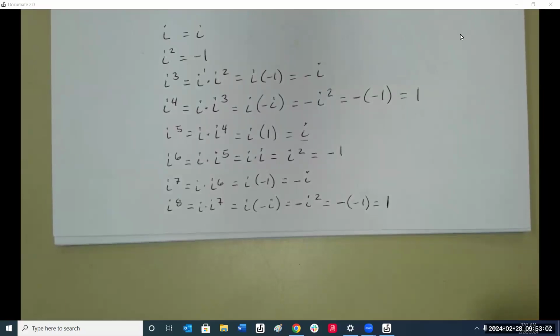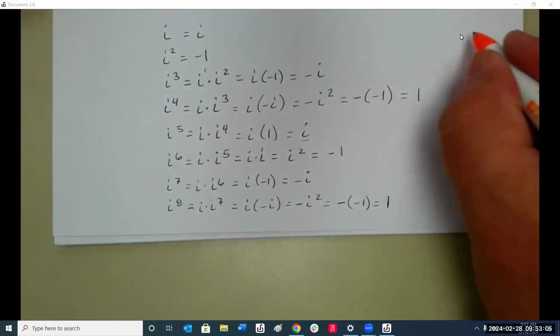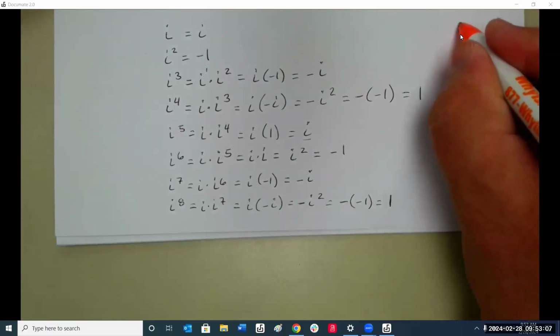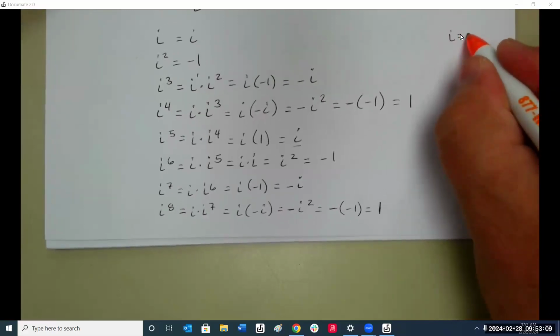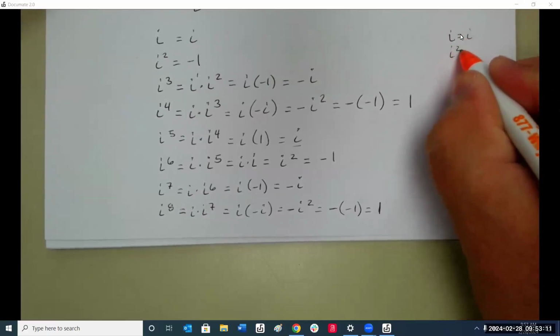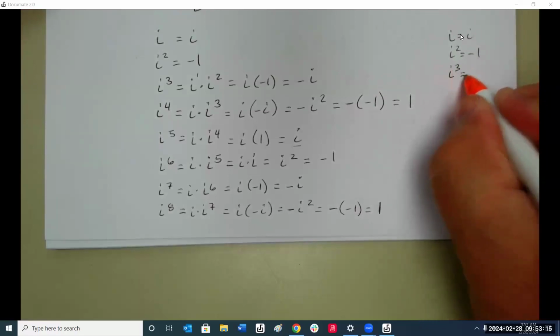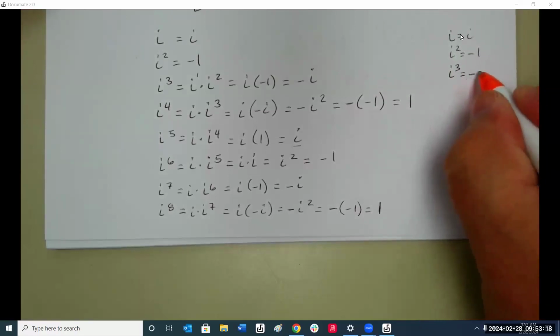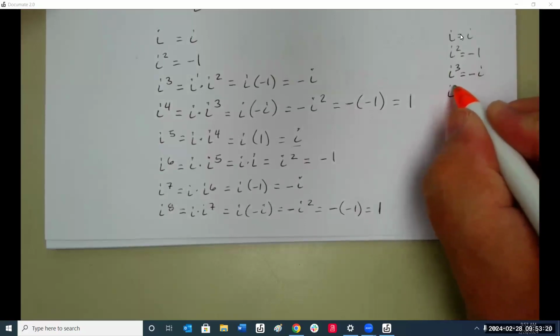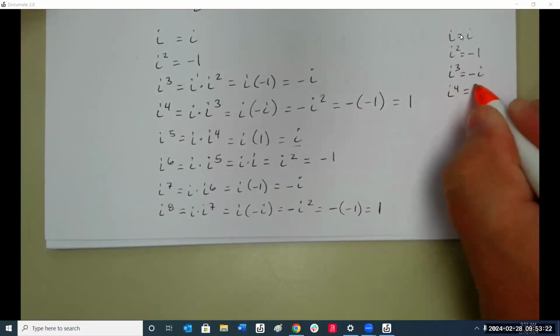So far, so good. We see there's a pattern. We start off with I equals I. I squared equals negative 1. I cubed equals negative I. I fourth is 1.